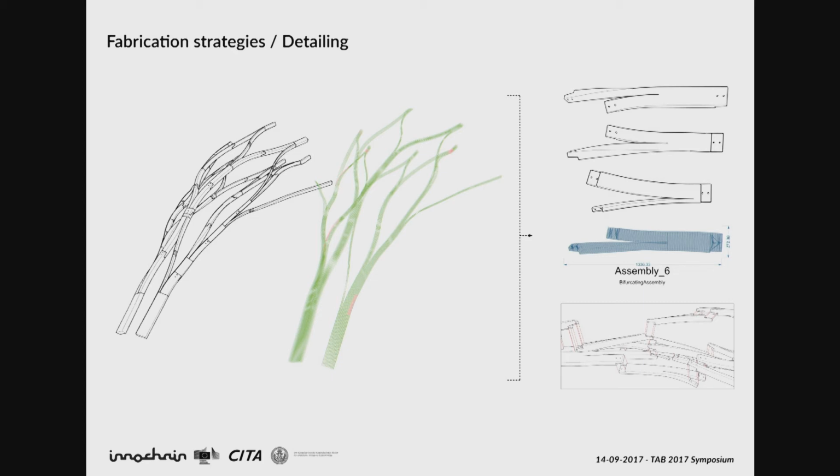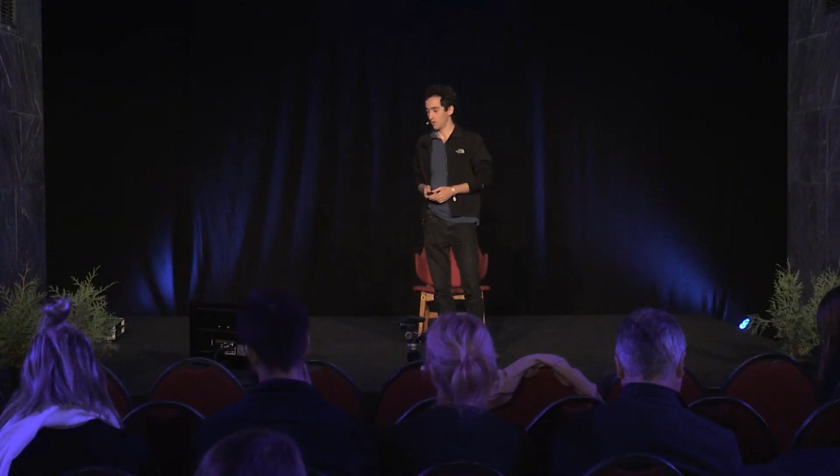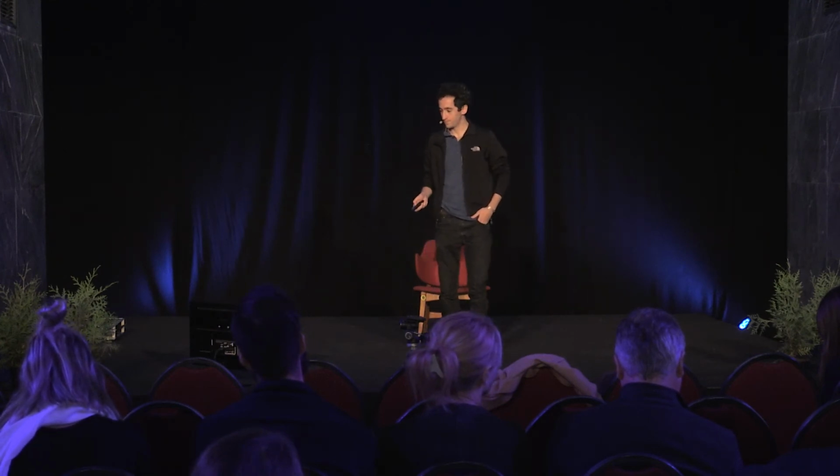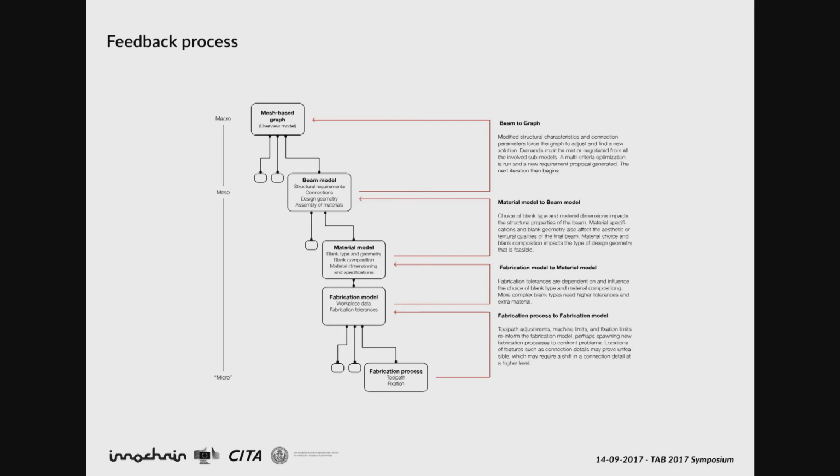So we took a part of this monster and tried to see how we could fabricate each element and how they could connect to one another. With this process, we were able to quickly have feedback between a low level and a high level. If in the design process we saw that the beam was not behaving well, we could manually adjust the global setup and have a better output.